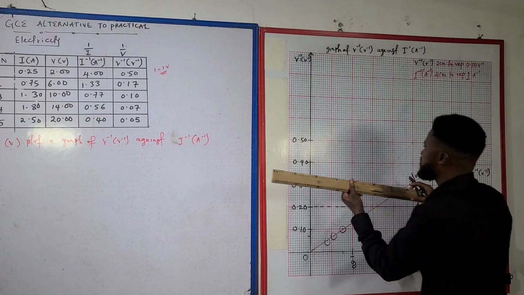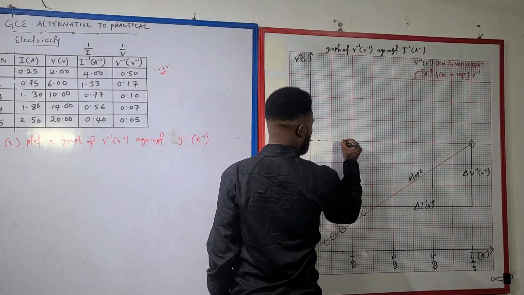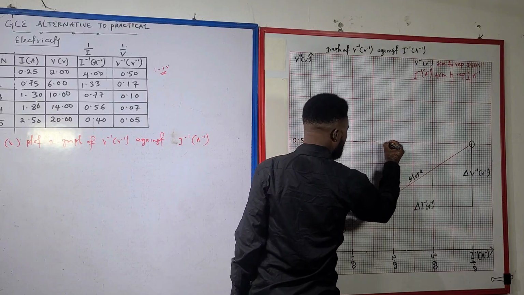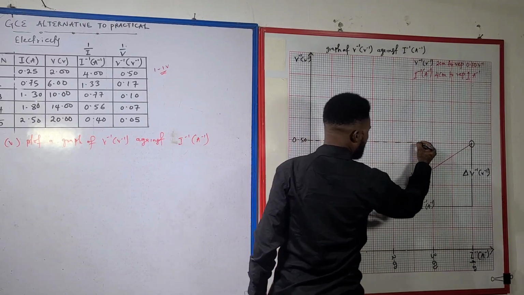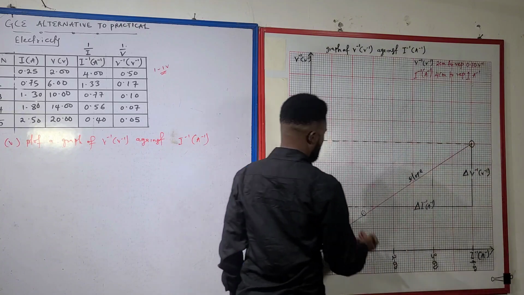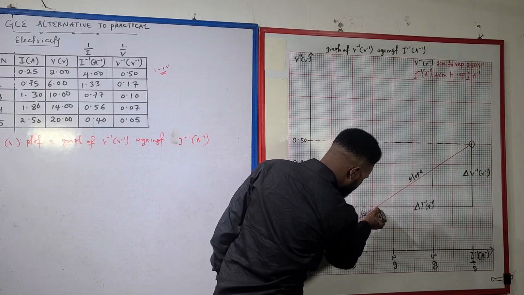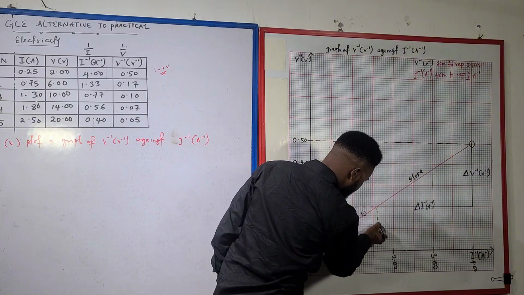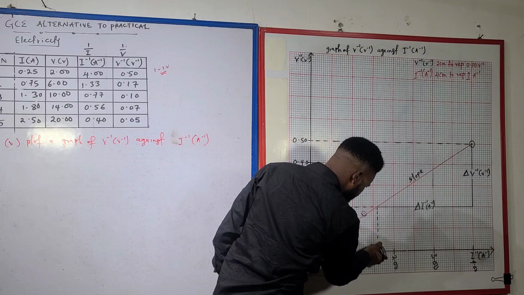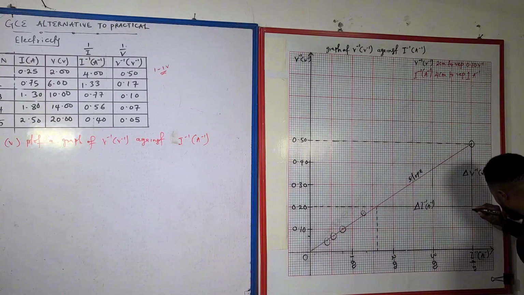So what this means, if I make my extrapolation, in order to get the position, this looks like my y2, my y1. This looks like my x1, and this here looks like my x2.